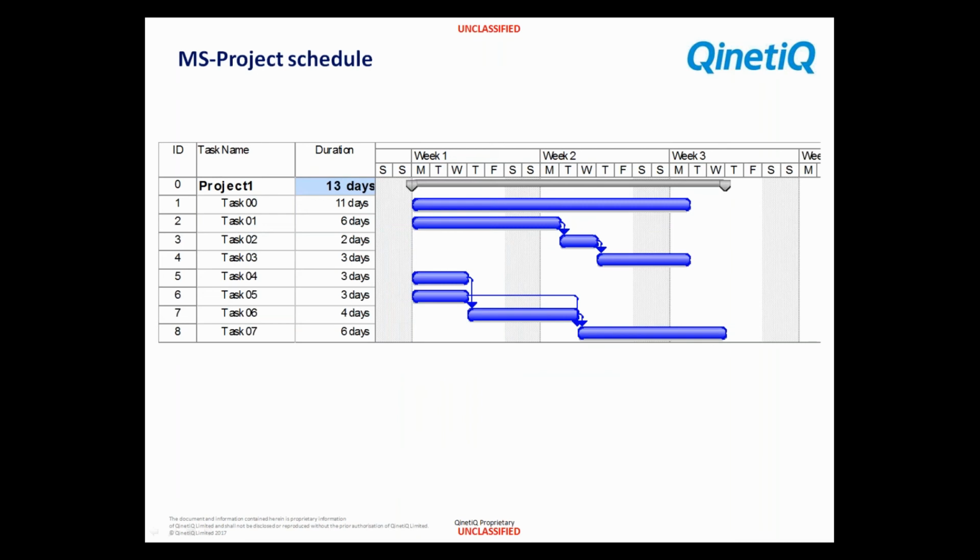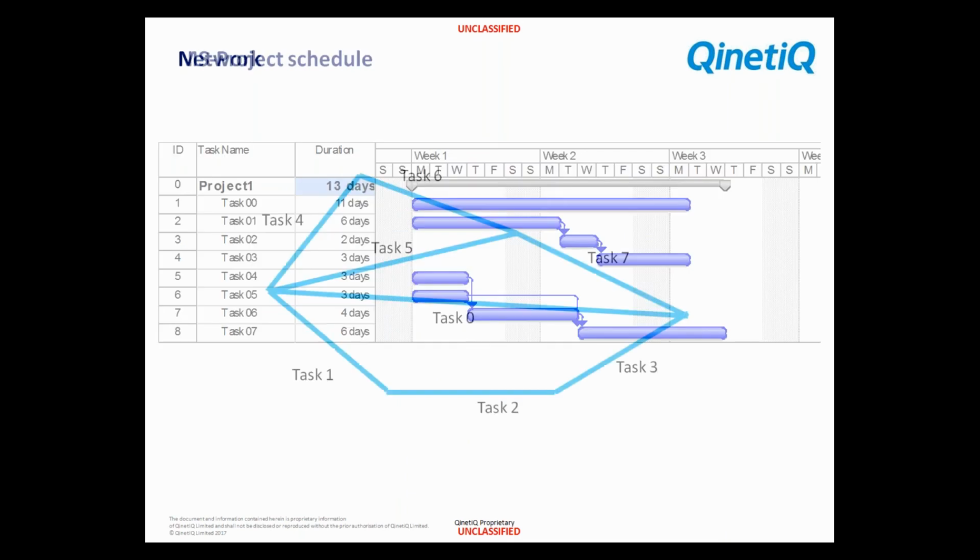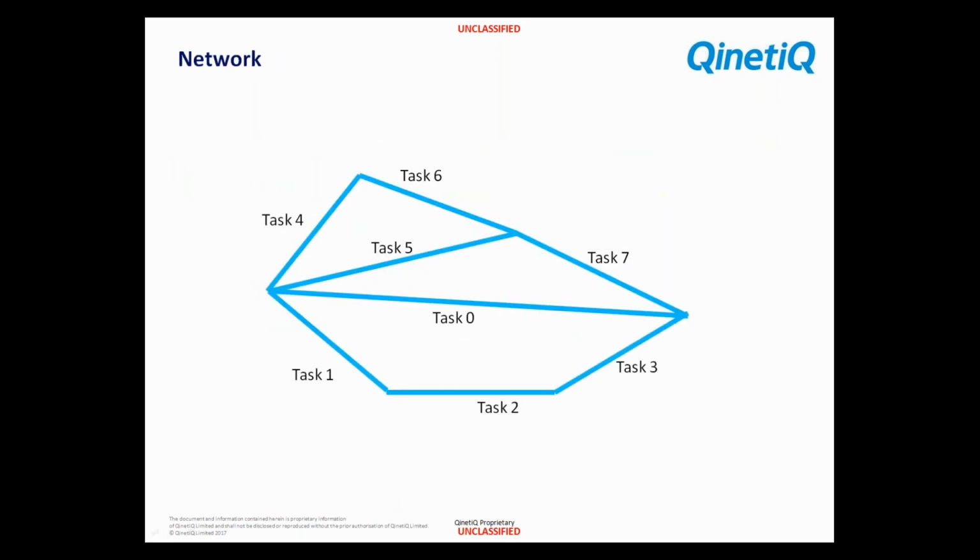We can very simply put them in Microsoft Project and create a schedule if we want to. Or we can use it to create a network. We can identify the activities going from the left-hand side to the right-hand side, all the things we need to do. Now, if we're thinking about this in terms of cost, then we need to allocate resources to this.